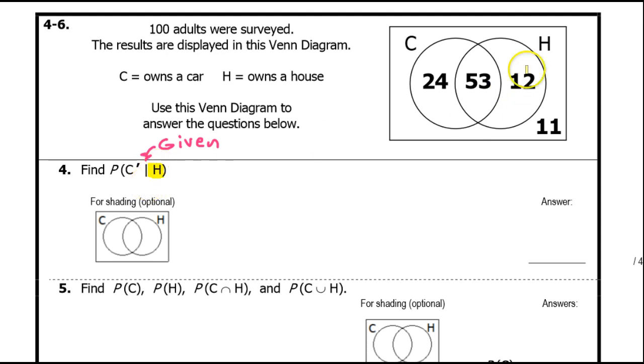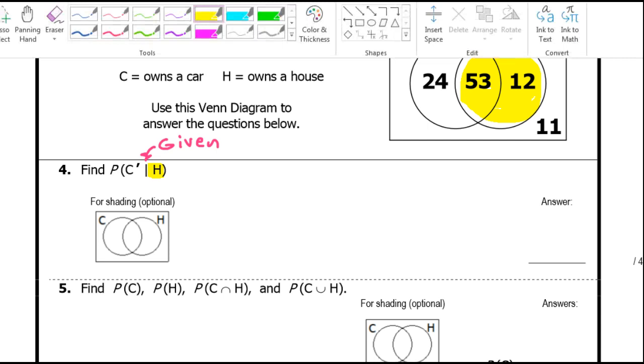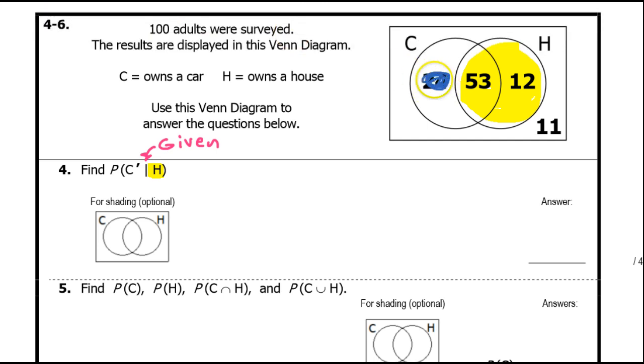So H is what is given. So we're going to highlight the given. We're going to highlight H. And we're going to cross out everything else. So we're going to cross out the 24. We're going to cross out the 11.